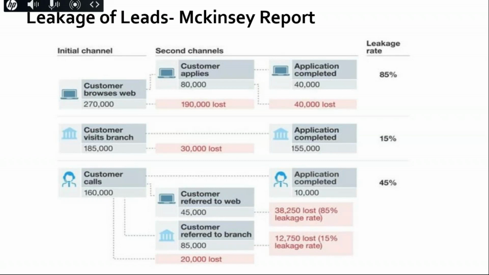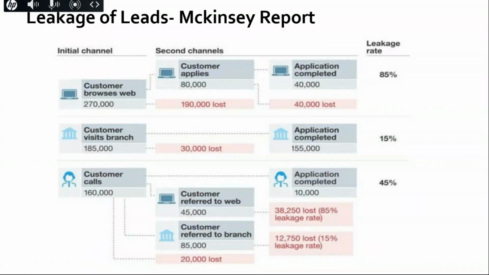So, leakage of leads. Here I'm taking a screenshot from a McKinsey report, which talks about how, based on which initial and secondary channel is taken by a customer, many leads finally become business opportunities for you as a bank, and how many are lost in what process.